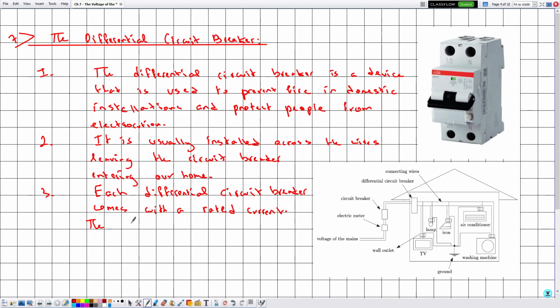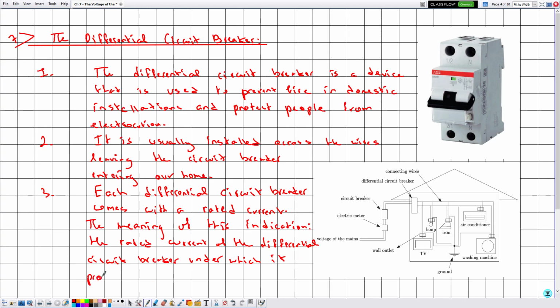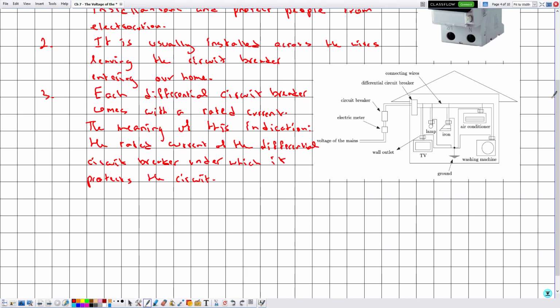The meaning of this indication, as usual, is the rated current of the differential circuit breaker under which it protects the circuit. So exactly the same.